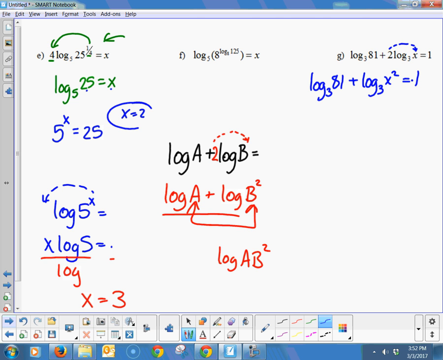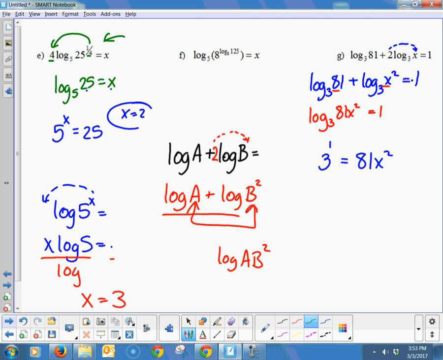Because now we can combine these things. Now we can multiply the guts and say this thing is log base 3 of 81x squared equals 1. And we could write it in exponential form. 3 to the 1 equals 81x squared. We could if we felt like it. Ugh, I don't like this.